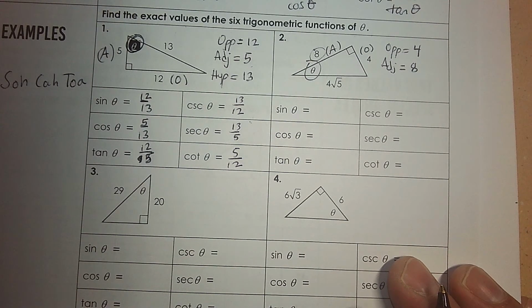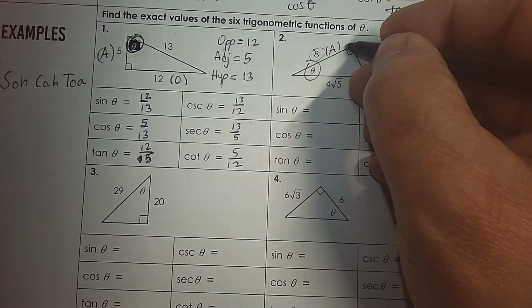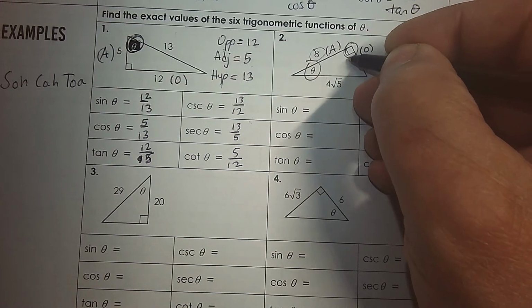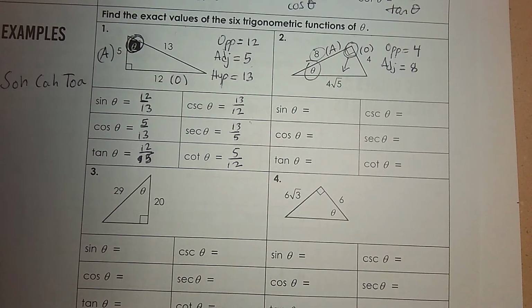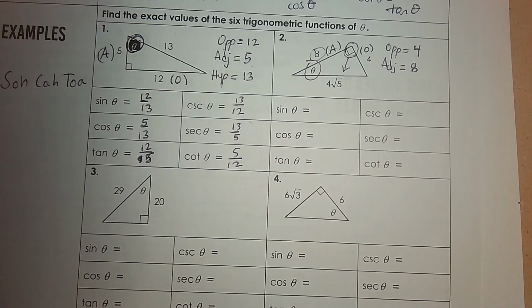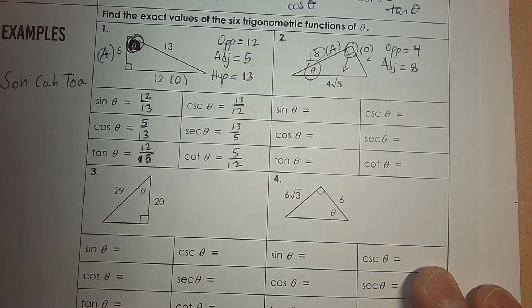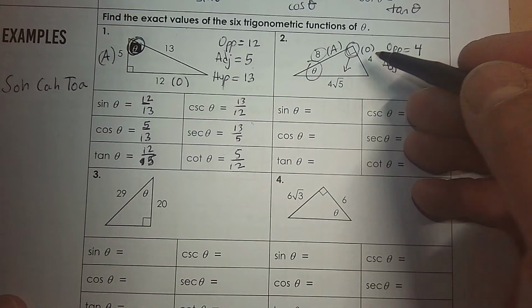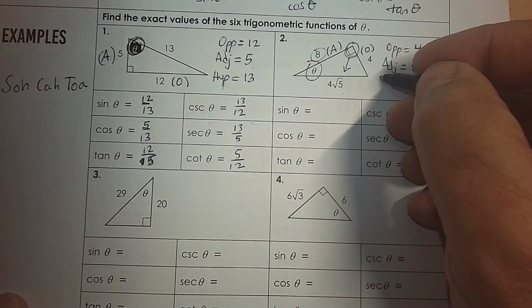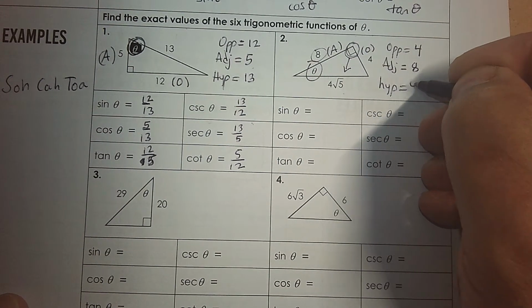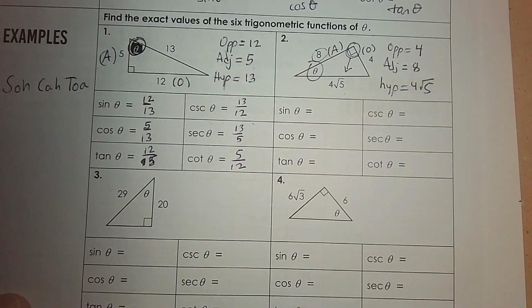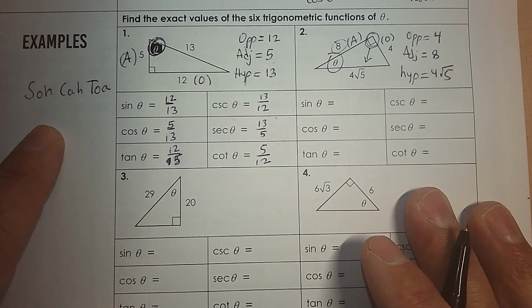Do you see where the 90 is? The hypotenuse is always opposite of 90. So no matter where it is rotated, you can look for 90 and know the hypotenuse.